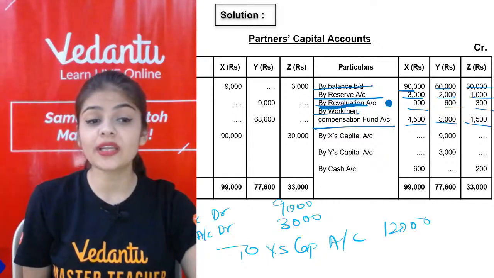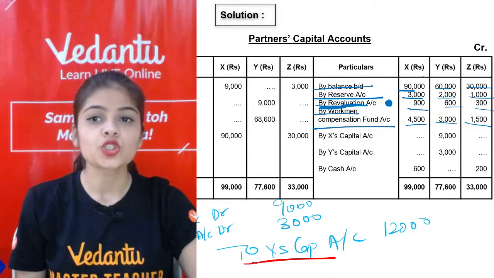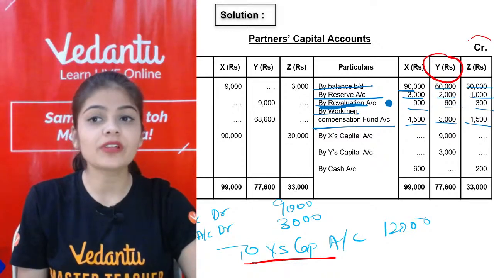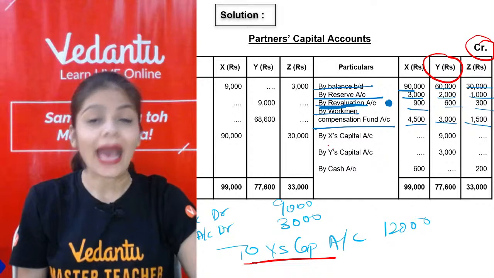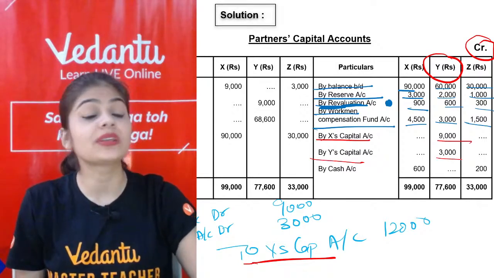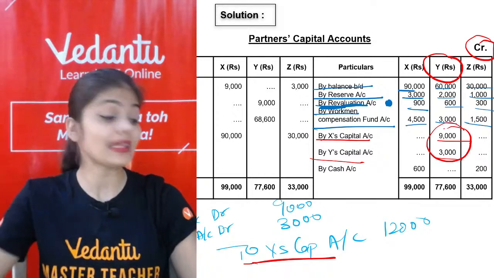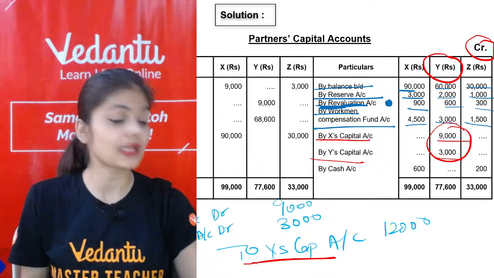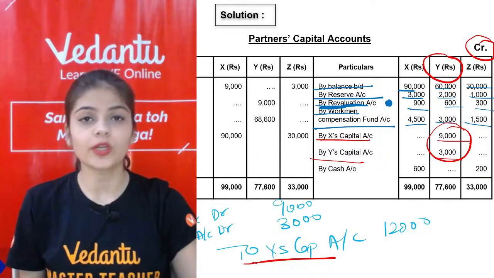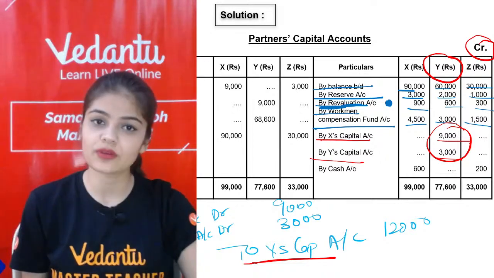So in this journal entry, Y's capital account is credited. So in Y's capital account, we will record on the credit side as by X 9,000, by Z 3,000. So total 12,000 is recorded on the credit side of Y's capital account.